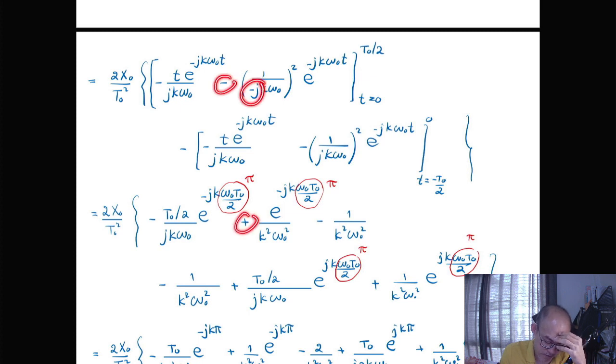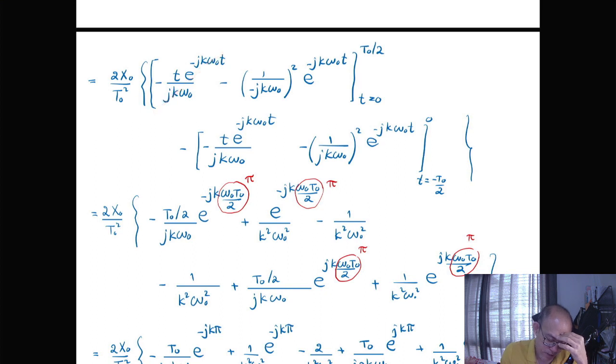I've got positive, so k squared omega 0, and then t0 over 2 is here. All right, and then for the lower boundary, I have to put a negative sign, so negative times negative is positive.